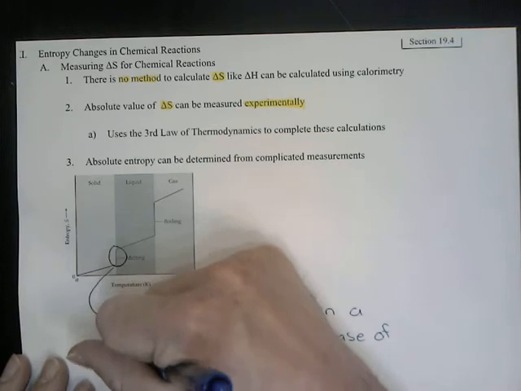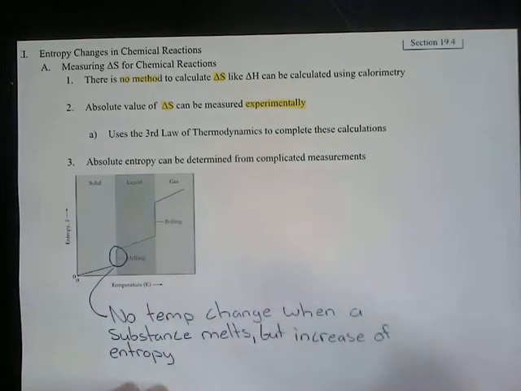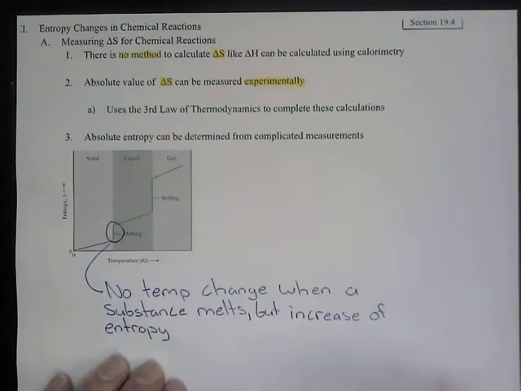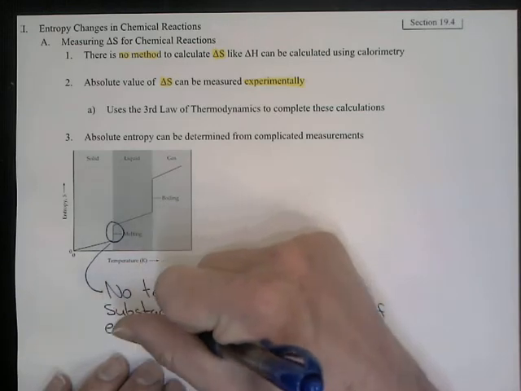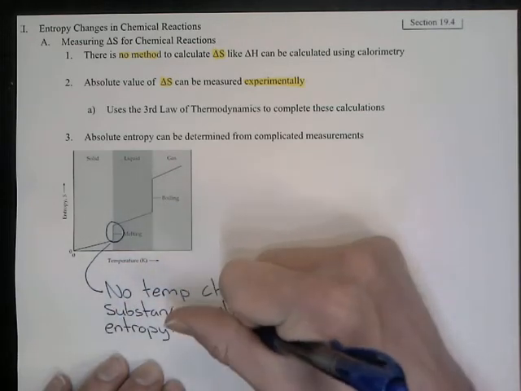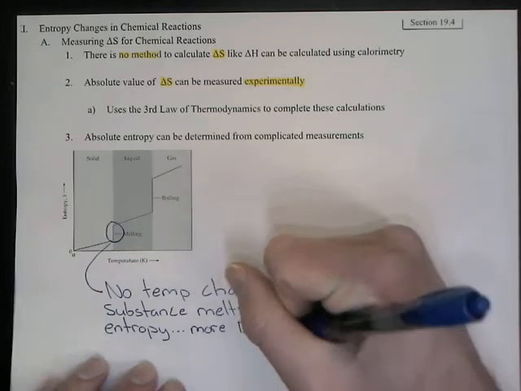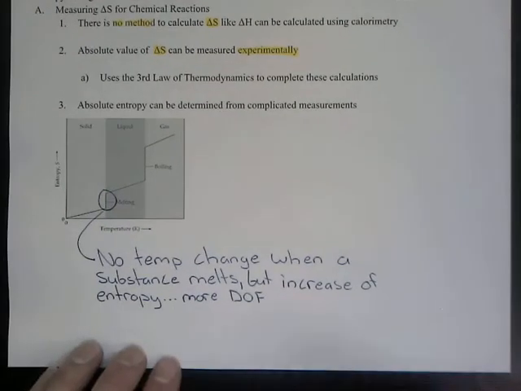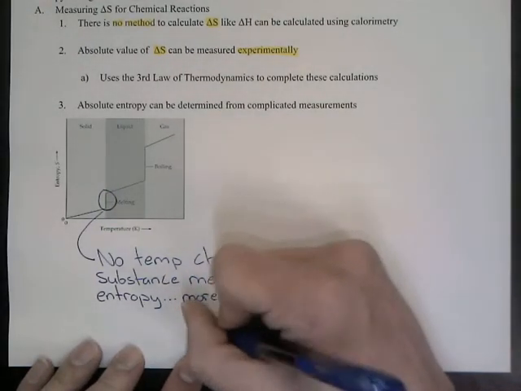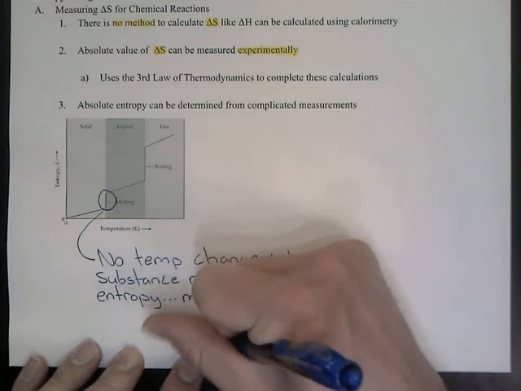The reason for this is that when a substance melts, there are more degrees of freedom. So I'm going to call this more DOF, for degrees of freedom, and maybe I ought to note that here. DOF is degrees of freedom.